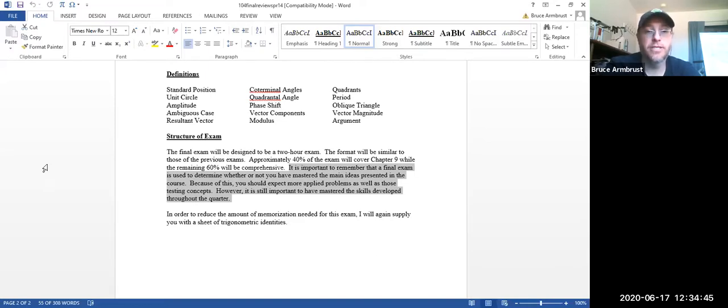Specifically, the restrictions on the angles. That's something that's really, really important. Inverse trig functions themselves are supremely useful because that's how we find angles. But the fact that we're restricted is a big deal.